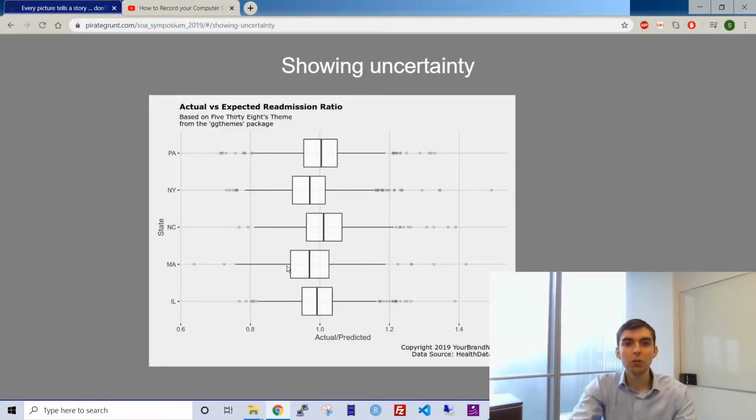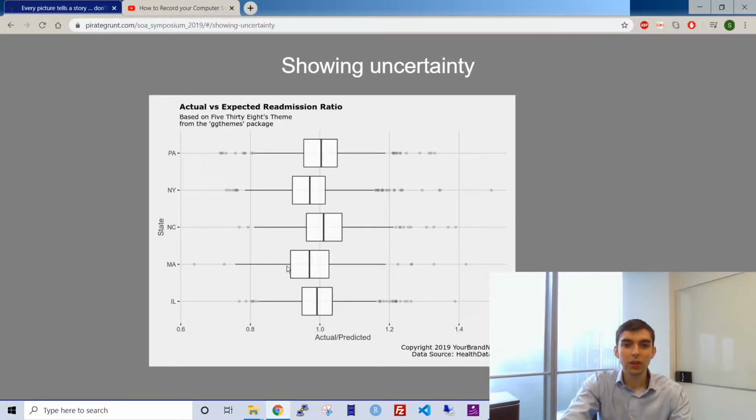You can also show the uncertainty using box plots. So the advantage of box plots is that they show the spread of points instead of just showing an average. So you can see Pennsylvania has a number of hospitals that are low on AVE, but also hospitals that are higher.